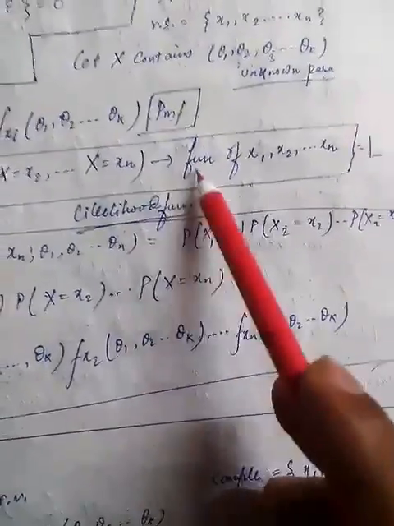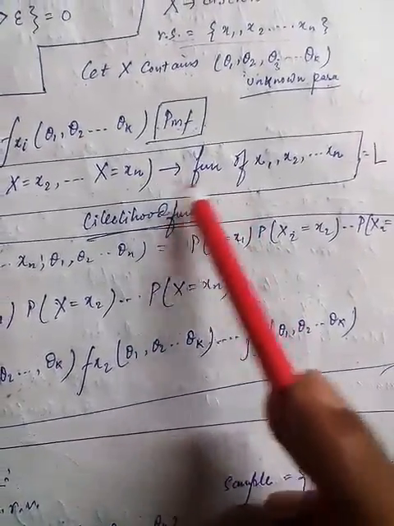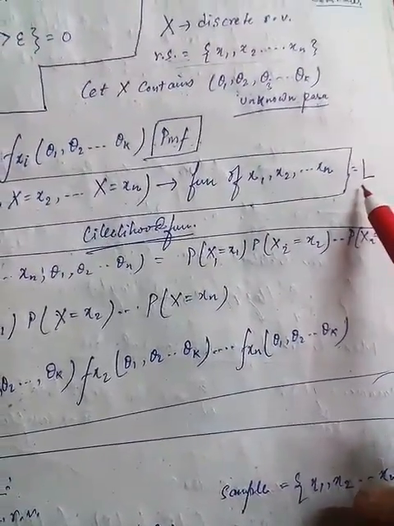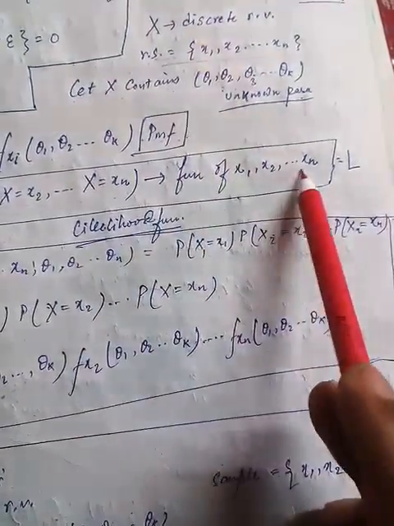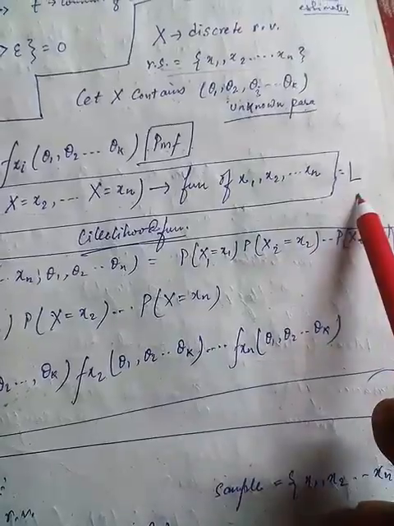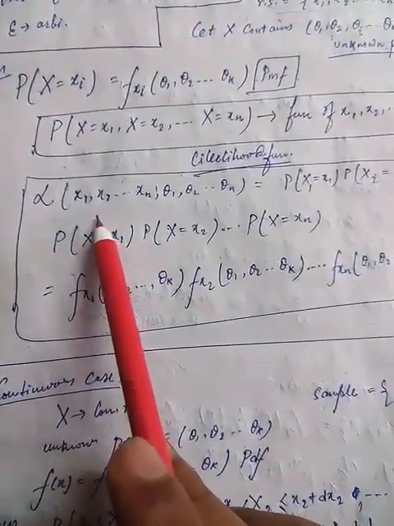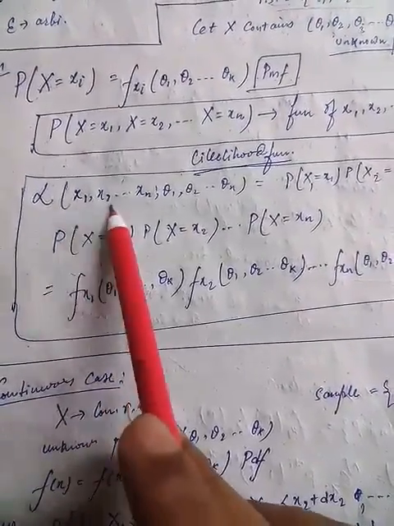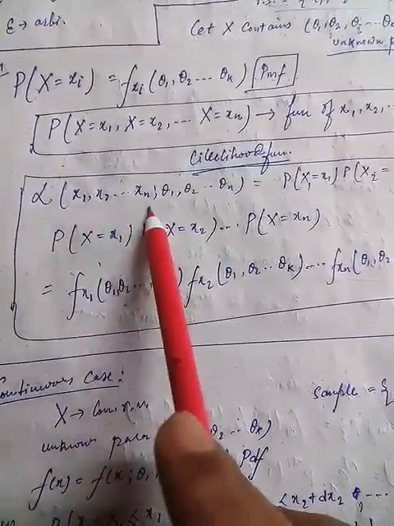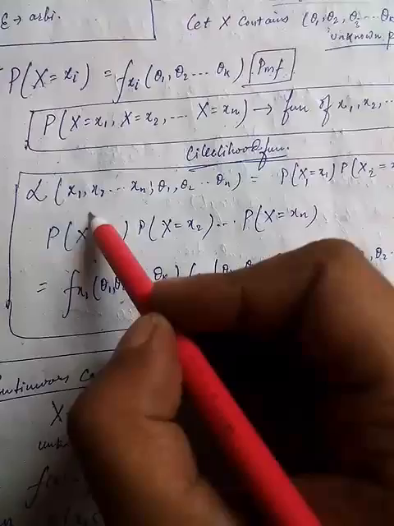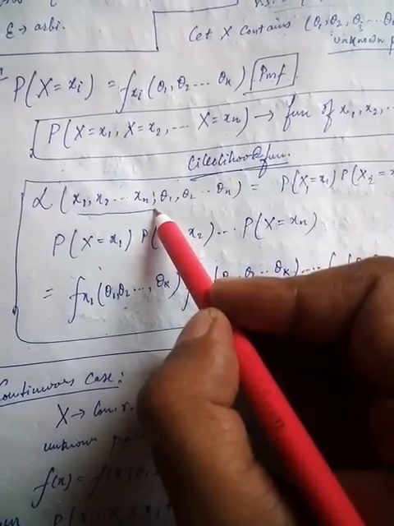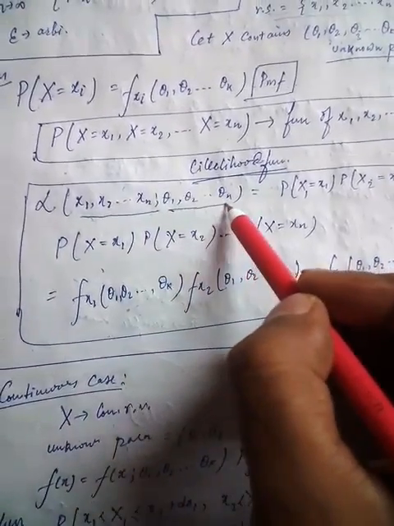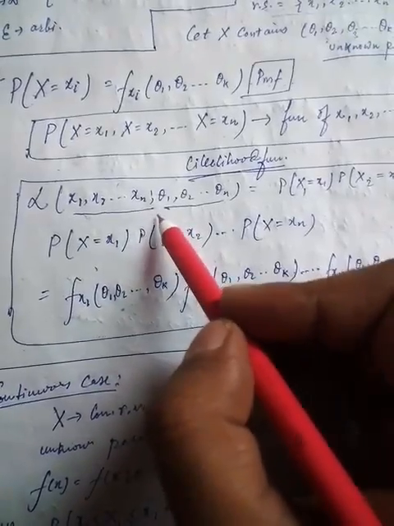We have some function that we will call L, that is the likelihood function, capital L. So here you can see the likelihood of x1, x2, the whole set, and we have two parts: this part is the random sample and this part is the unknown parameters.